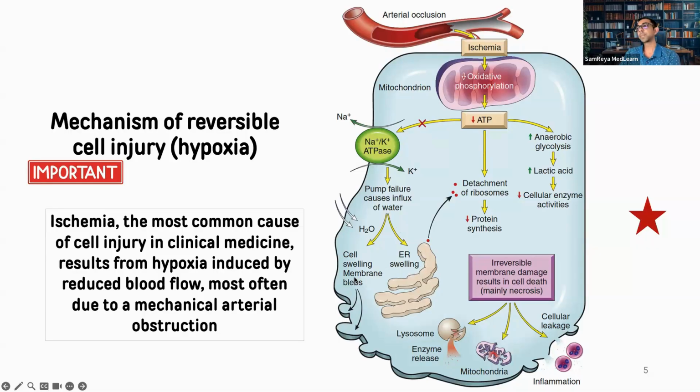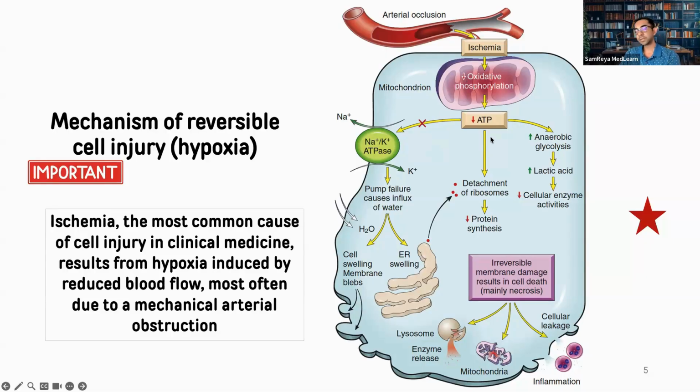So cell swelling, membrane blebs, ER swelling, all of these are features of the reversible stage of cell injury because of failure of the sodium potassium pump, because of lack of ATP, because of failure of oxidative phosphorylation. In this case, it is because of ischemia. So make sure you learn the entire story from the beginning.